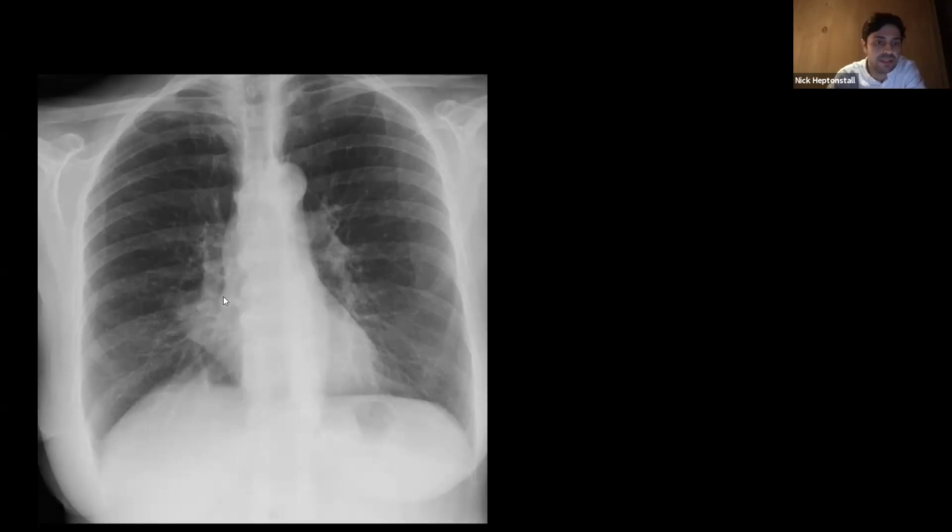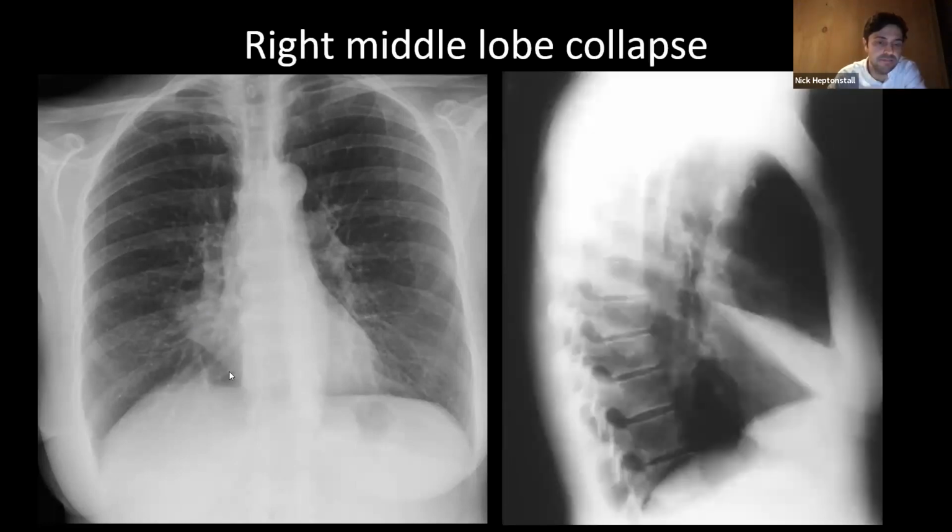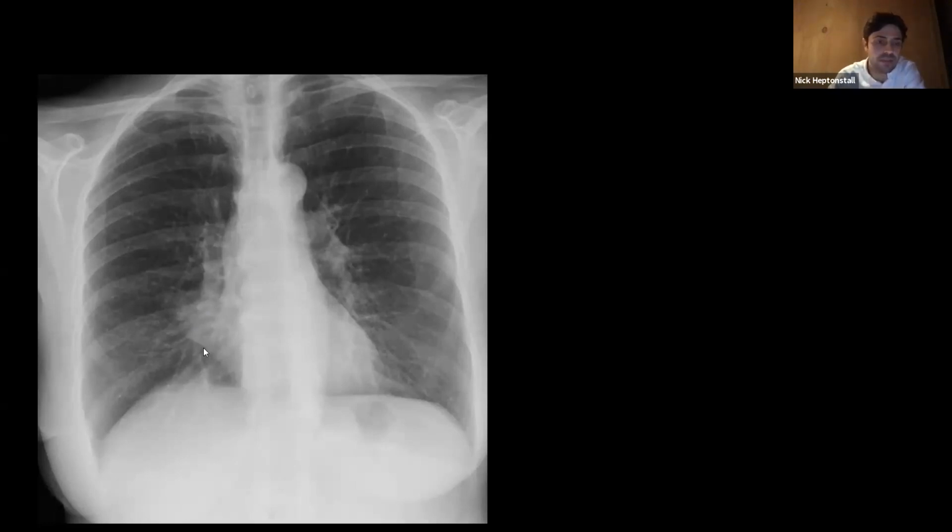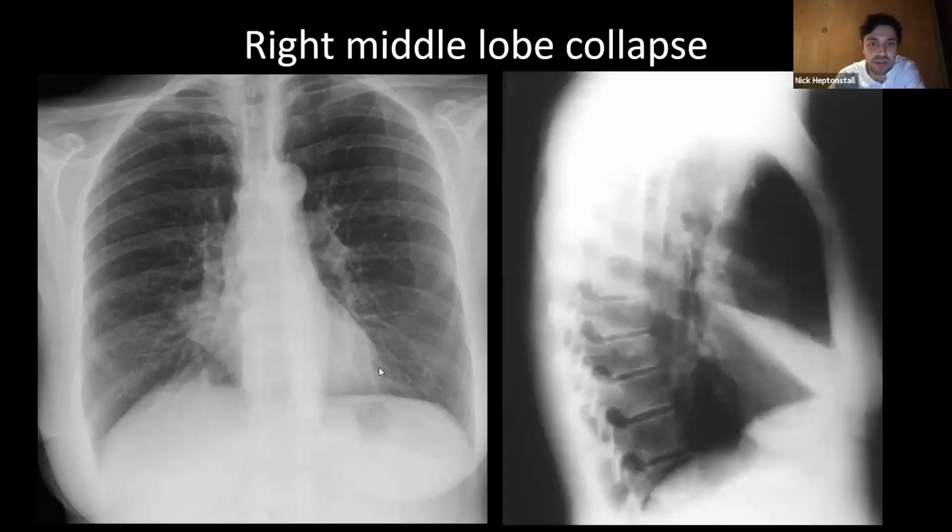The key here is the fact that you can't see the right heart border. So you've lost that silhouette sign of the right heart border. There are very well demarcated lines on either side, and then there's some tenting of the diaphragm. Again, the right diaphragm is a little bit higher. So this is right middle lobe collapse.